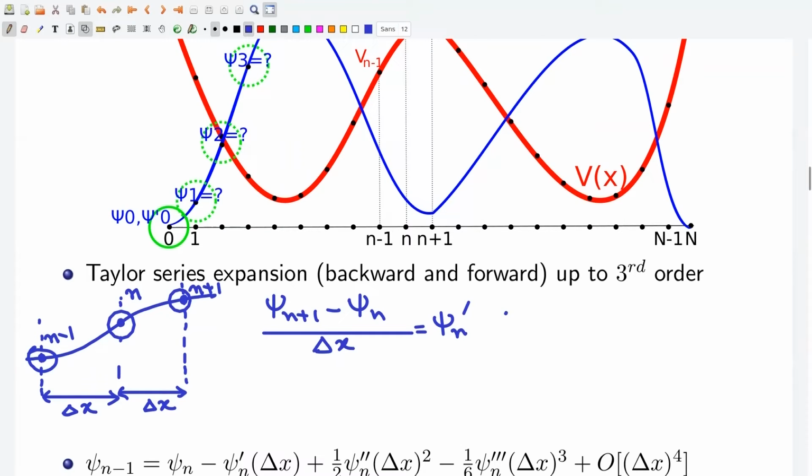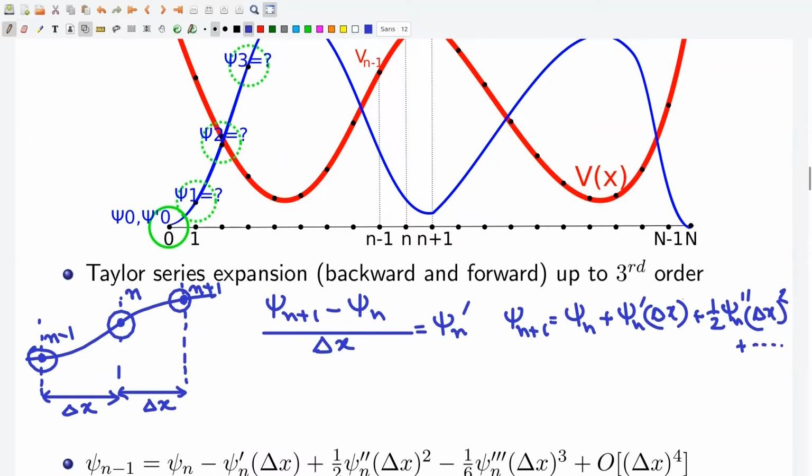So that means I can write psi n plus 1 is equal to psi n plus psi n dash delta x, and then I can even add additional higher order terms, for example psi n double dash delta x whole square, and so on.